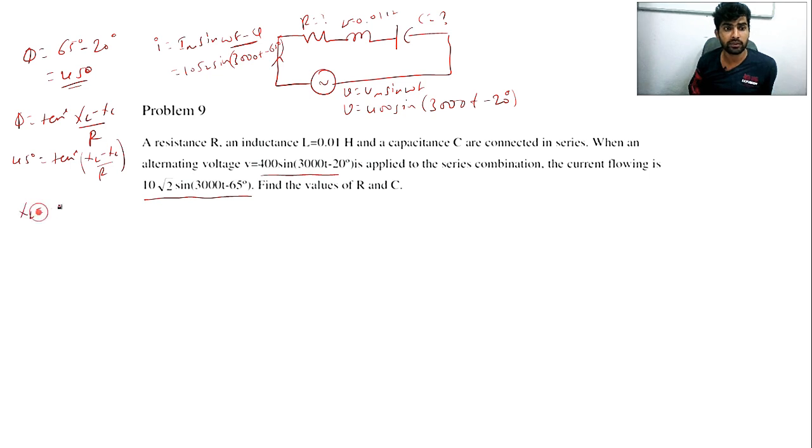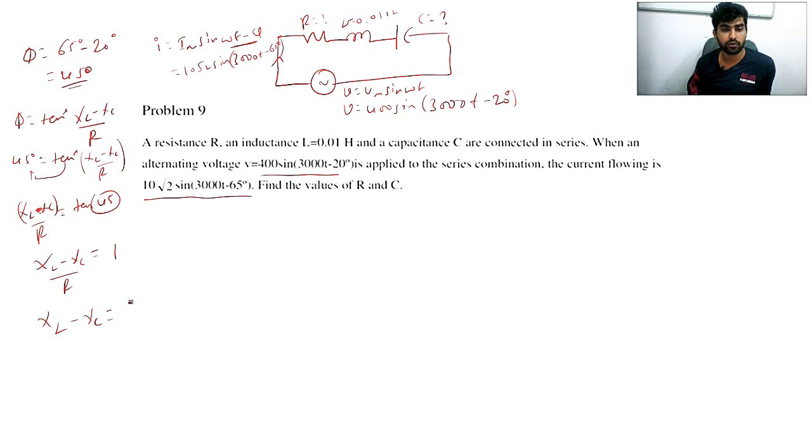Finally, (XL minus XC) divided by R is equal to tan 45, which is 1. So finally we got XL minus XC is equal to R. This is the equation.